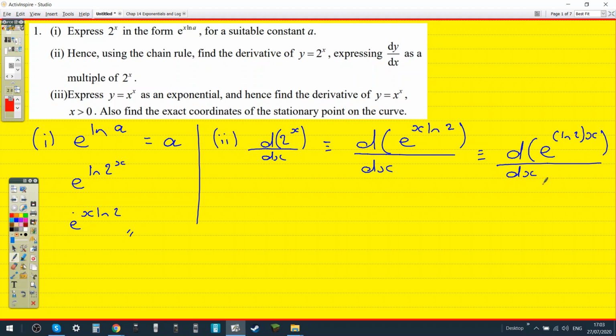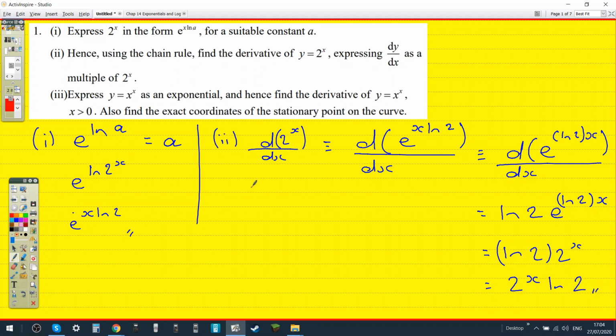Ln 2 is just a number, and so it would be ln two times e to the power of ln two x. What is e to the ln 2 x, or e to the x ln 2? 2 to the x. Yeah, and so ln 2 times 2 to the x, or you could write it the other way around, 2 to the x ln 2.